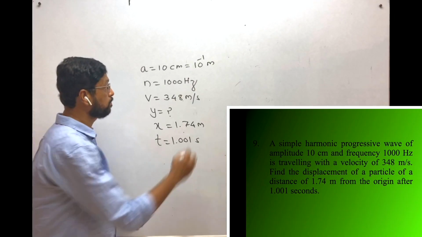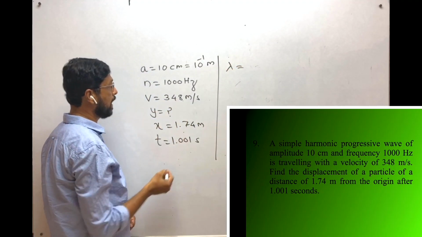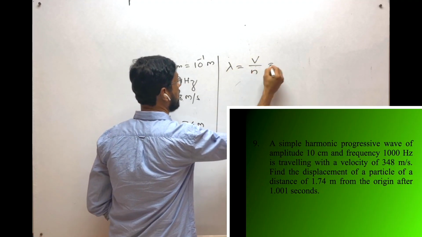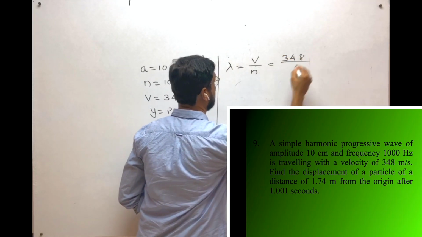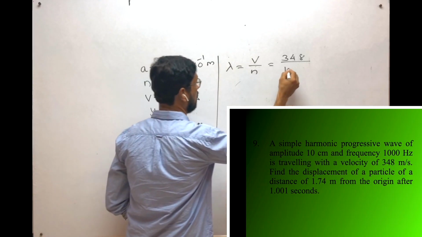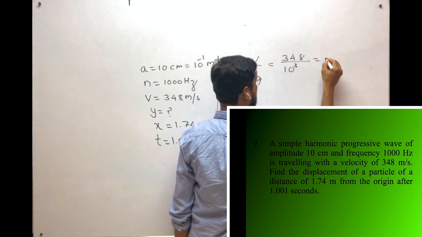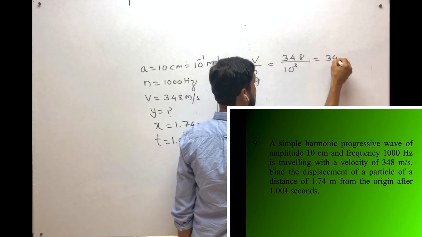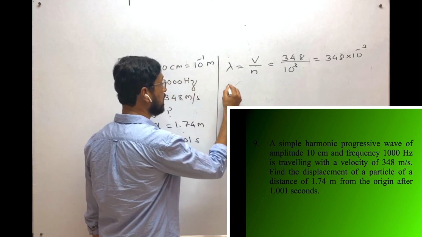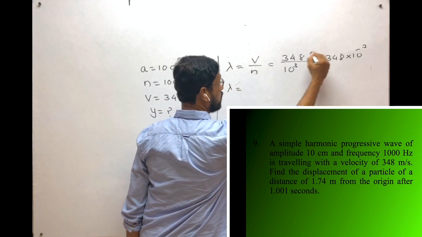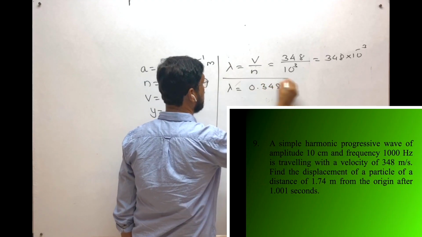Now it's okay. Then, first of all, we can find out lambda, v by n. V is 348 upon n is 1000, 10 raised to 3. So lambda is 348 into 10 raised to minus 3, or you can say lambda is, if you shift the decimal, 0.348 meter.